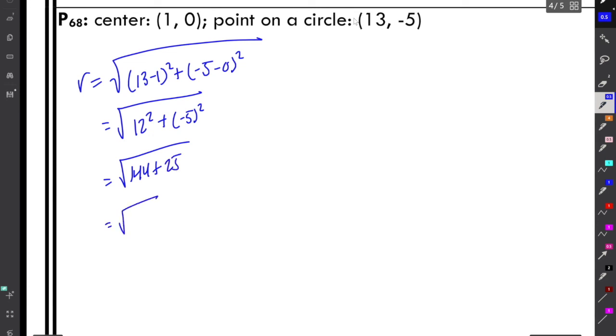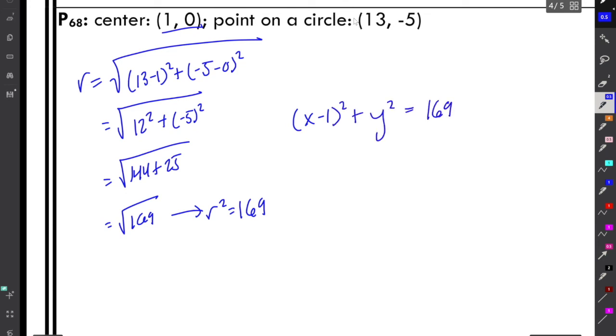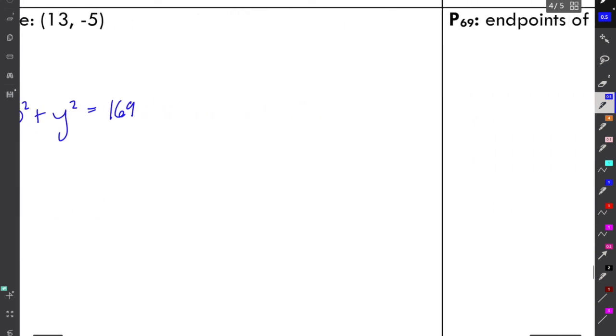That equals the square root of 169, which of course is 13. However, we don't need to take the square root because we're squaring it. So r squared is equal to 169. With our center to be 1, 0, we have our equation to be x minus 1 squared plus y squared equals 169.